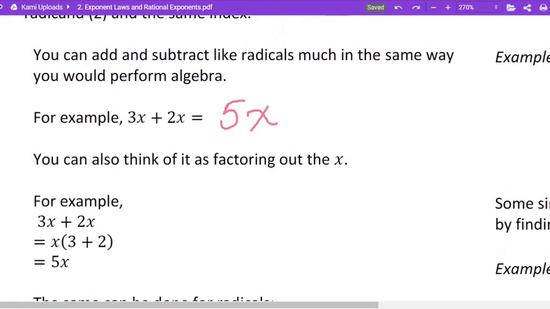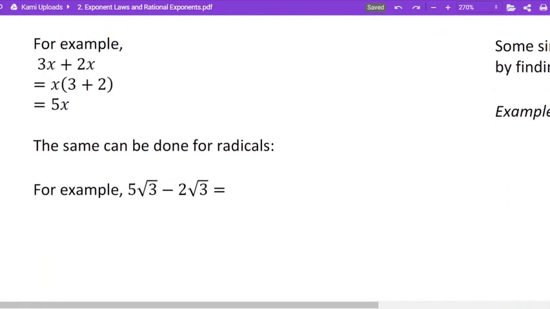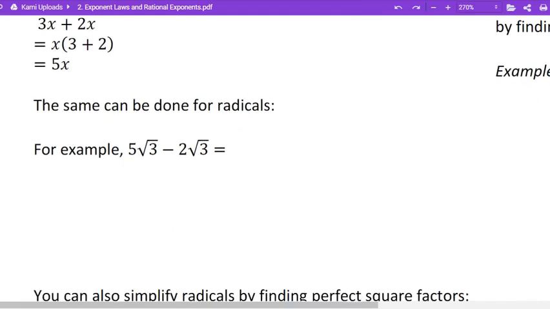So the same thing can be done for radicals. So if I have 5 root 3 minus 2 root 3, what would be the common factor here? The root 3. And if I factor out the root 3, I'm left with 5 minus 2.